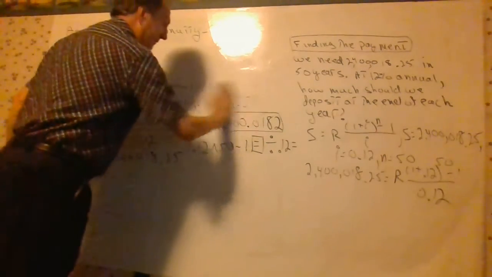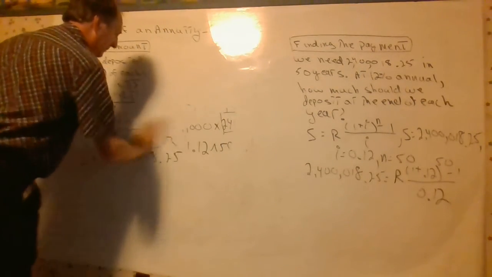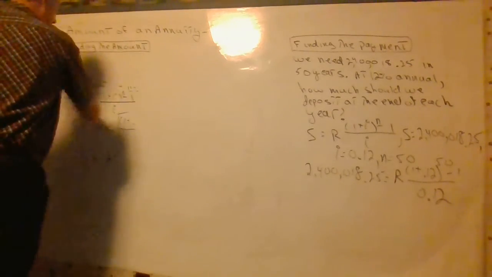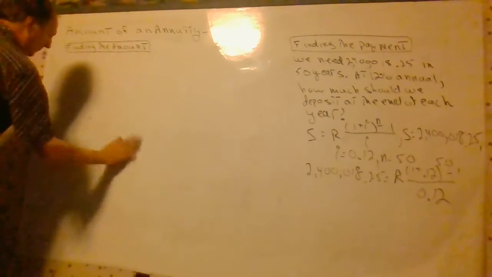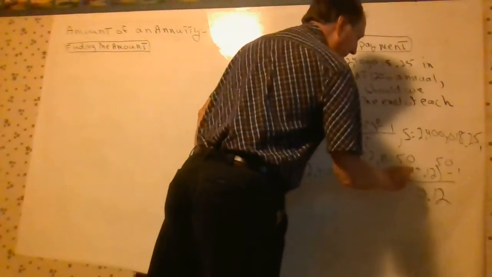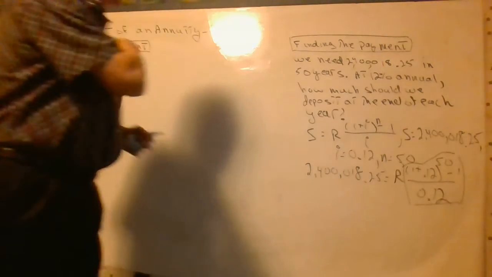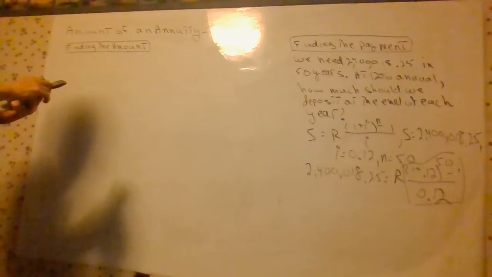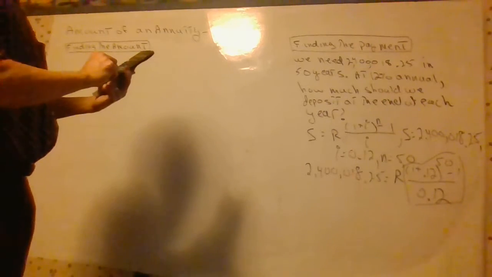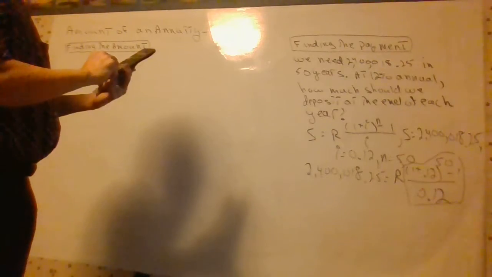And let's come up here front and center so we're not writing so low. Now what we're going to do is calculate this factor right here. I erased it, so I'll have to recalculate that. 0.12, 50 minus 1, 0.12 equals.